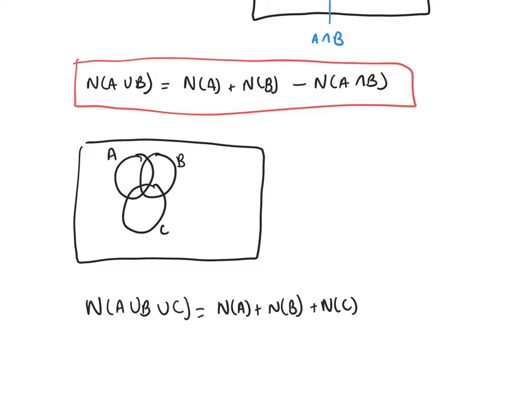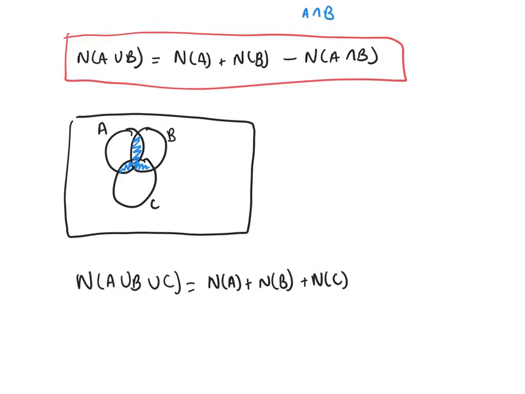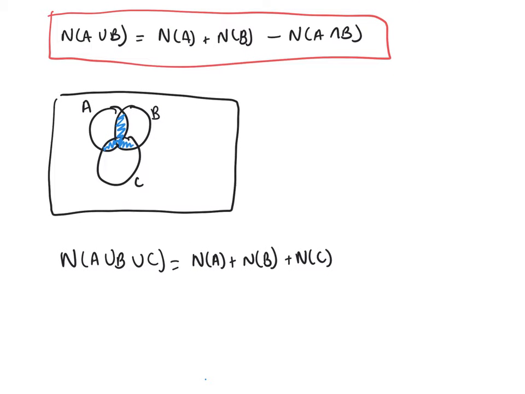But then some regions got double counted. So if I look here, this region got counted twice. So then I have to subtract off the number of elements of A intersect B, minus the number of elements of A intersect C, minus the number of elements of B intersect C. But then I didn't actually count this middle part here.